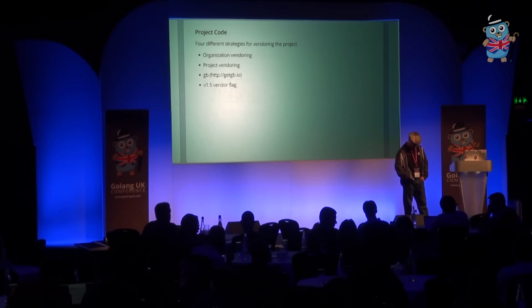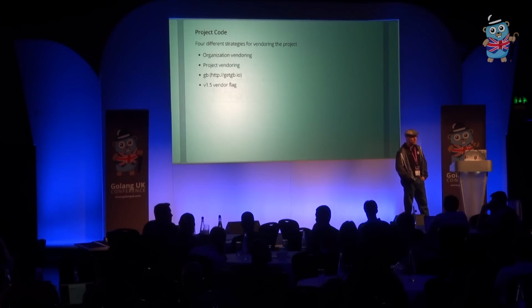Certainly in the case of Glock, you have a text file which records the versions that you're using. And each developer does a checkout of a fresh clone of the repository, which gives them the source code for their own project plus this text file. The Glock tool, Glock sync, fetches all the dependencies at that particular version, but they're not in the source tree.